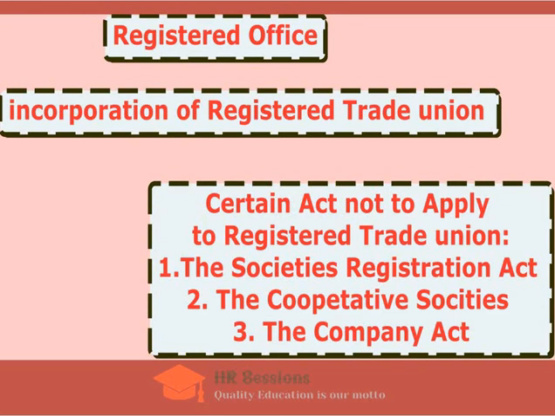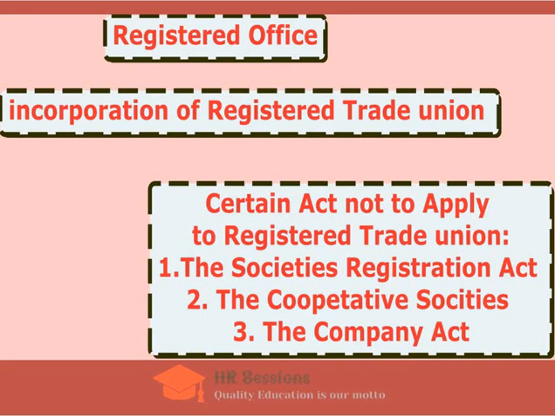Then there is the incorporation of the registered trade union. In case of incorporation, every registered trade union shall be a body corporate under the name by which it is registered, and shall have perpetual succession and a common seal, with the power to acquire and hold both movable and immovable property, right?